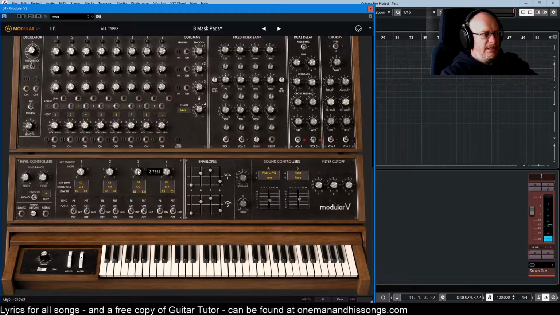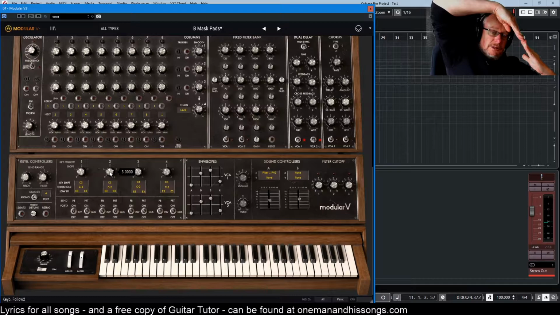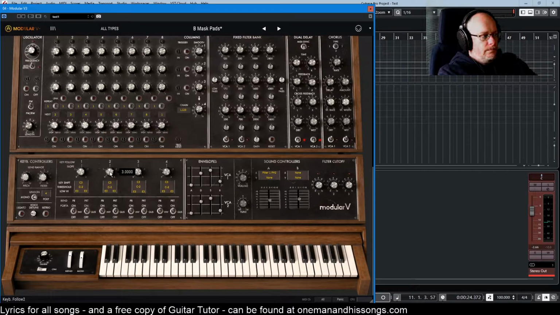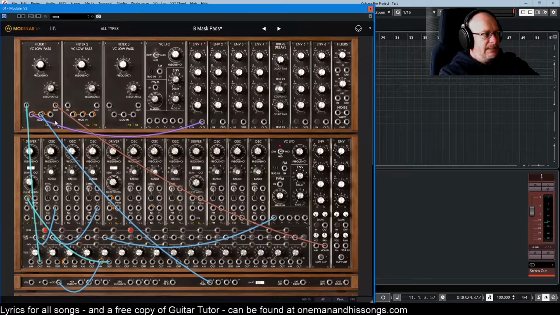What do you think is going to happen if I turn this, or where K2, I turn this knob down? Okay, much brighter now. There are more high frequencies. Why? Because we've made a very dramatic key follow slope, and K2 is hardwired in, so it's having its maximal effect.